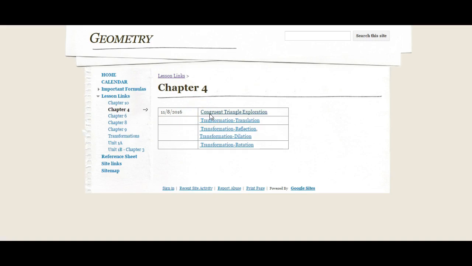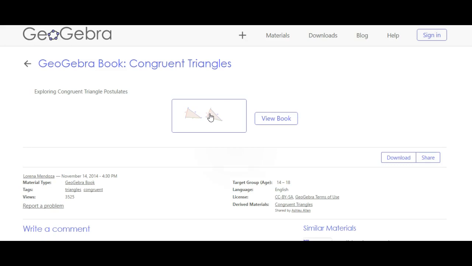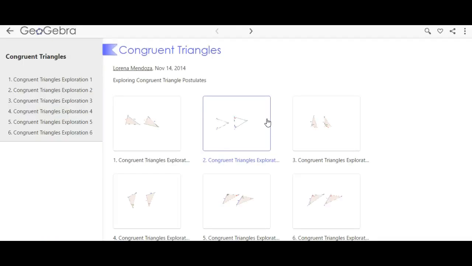This will bring you to our GeoGebra activity. You're going to click View Book. There are 6 activities that correspond to our 6 shortcuts.